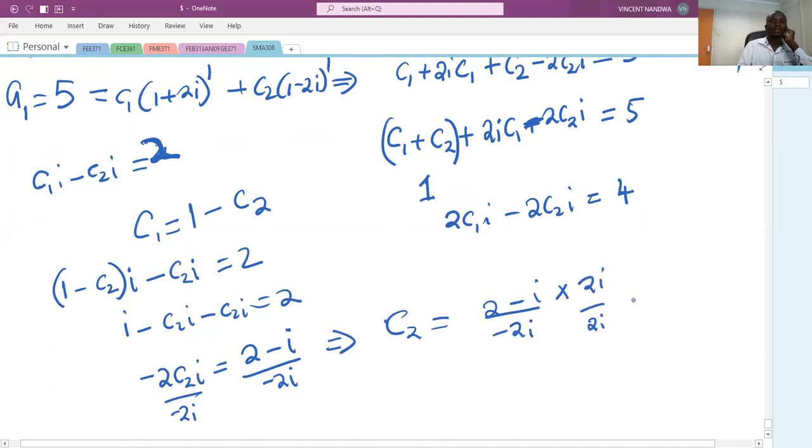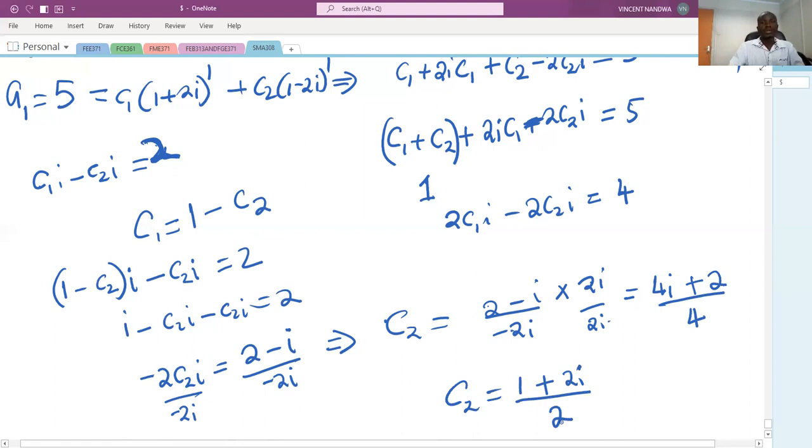This will give me 4i, i times i is minus 1 times 2 is plus 2, divided by 2 times 2 is 4, i times i is i squared, which is negative 1, but negative negative is plus, so this is 4. So 2 is common, so divide through by 2, C2 will be (1 plus 2i) divided by 2.